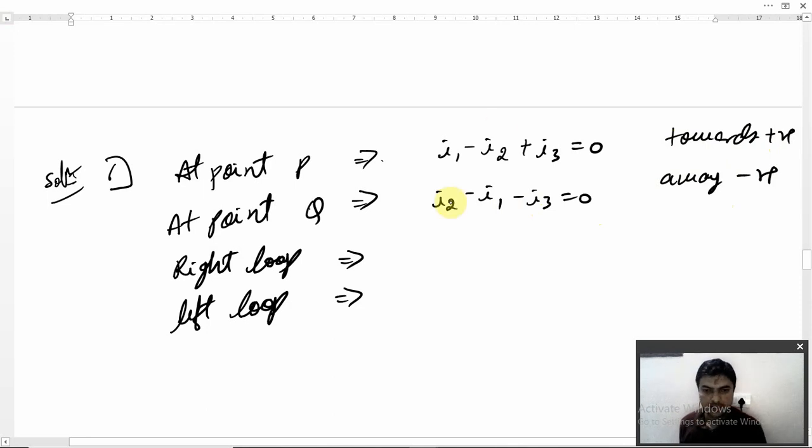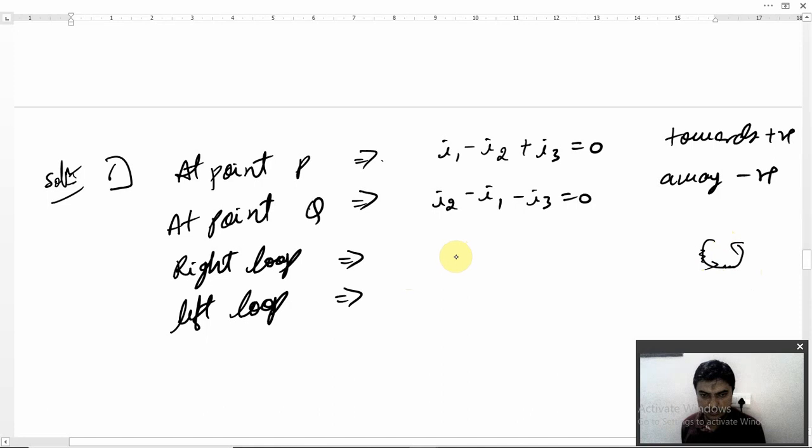Okay, next, after nodes P and Q, please go to the right loop. When you take the loop, it is always like this. We must get a full circle, meaning whatever the resistances are there, you are going to add with the direction of the loop.